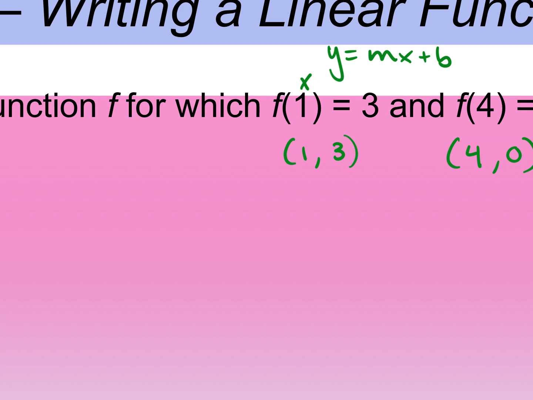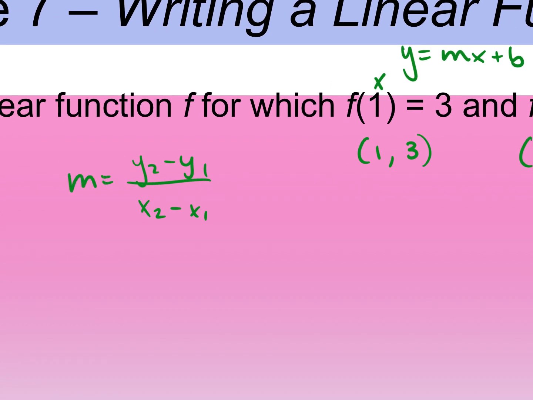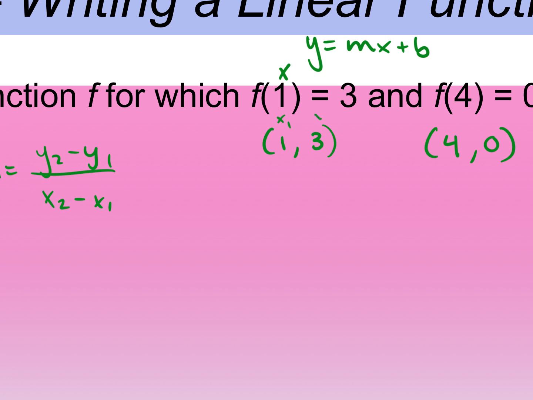X or Y's? Y's. Y2 minus Y1 over X2 minus X1. So this is our slope formula. I'm going to label my points X1, Y1, X2, Y2. So 0 minus 3 over 4 minus 1 is negative 3 over 3. So our slope is negative 1.